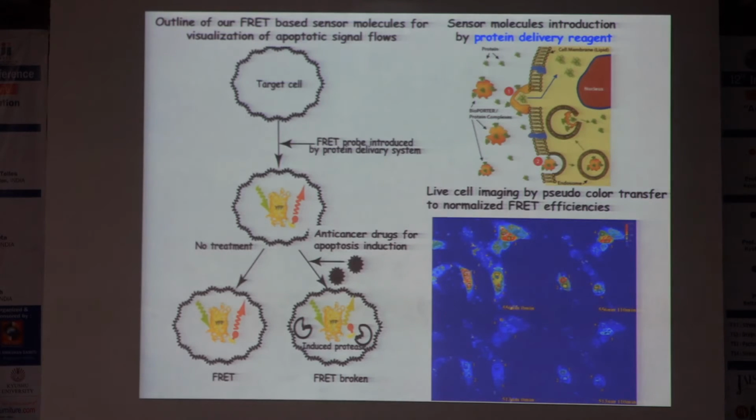Then I introduced the sensor molecule into the cells using protein delivery reagent. The uptake mechanism might be natural endocytosis. Here is the live cell imaging to monitor caspase-3 activation in a time and space resolving manner upon apoptotic induction.